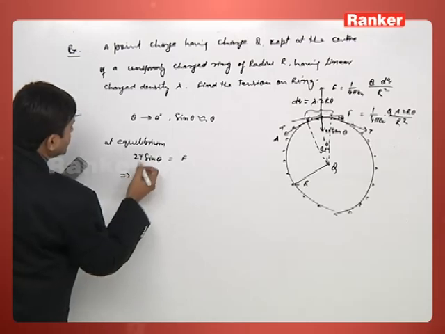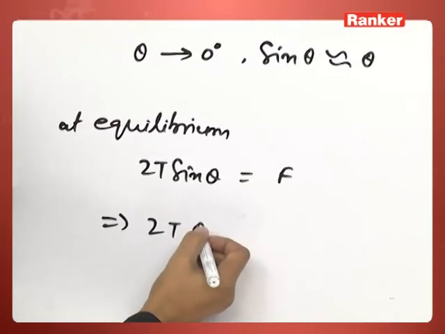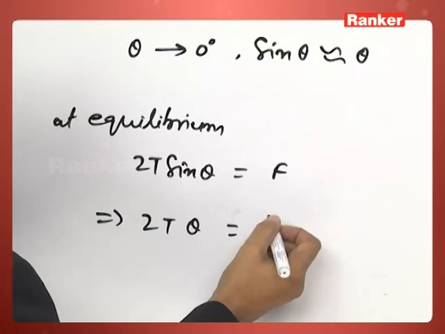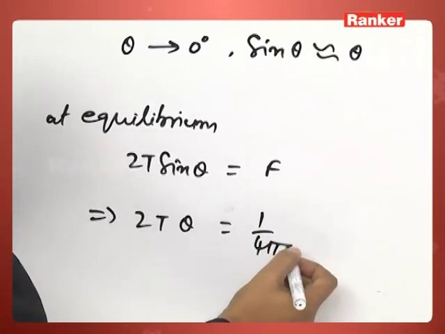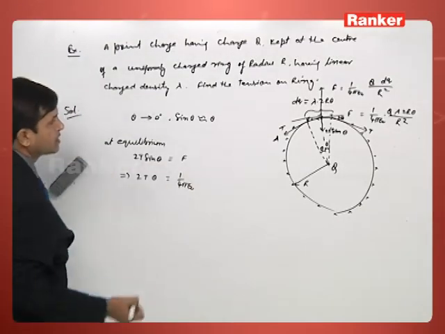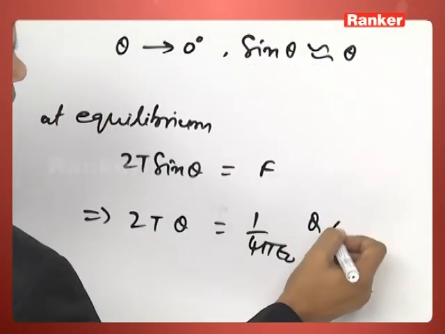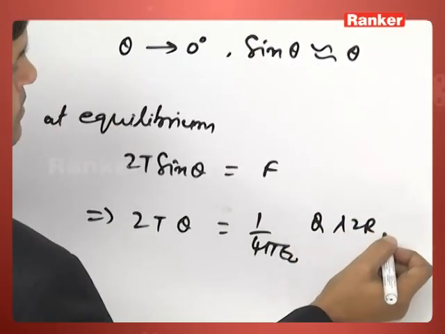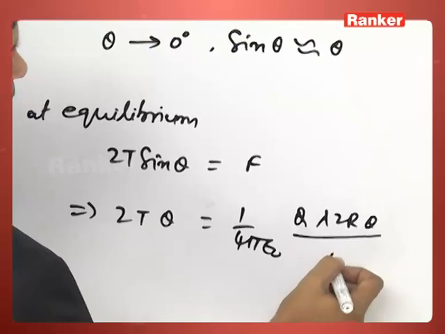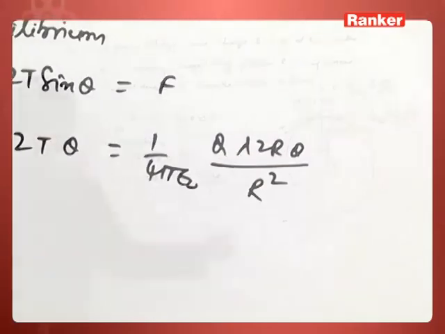So from here, 2T into theta is F. F value is 1 by 4 pi epsilon naught Q lambda 2r theta by r square.